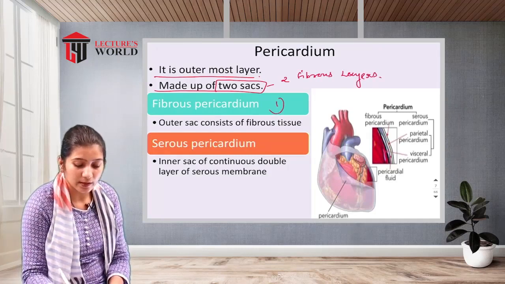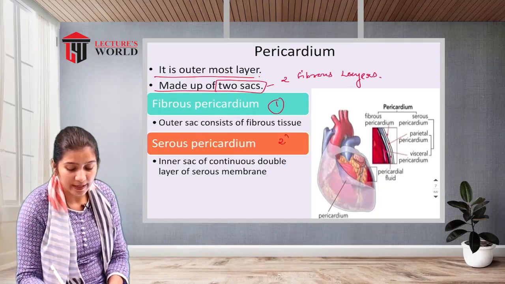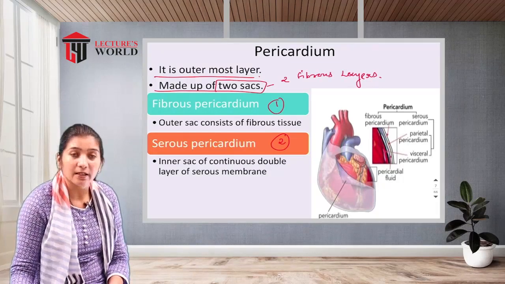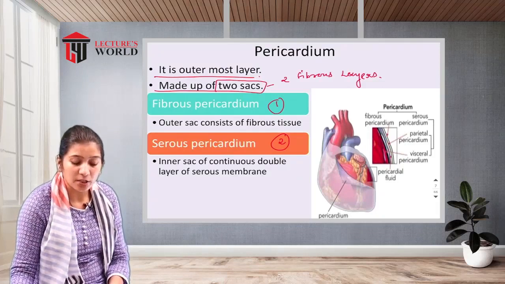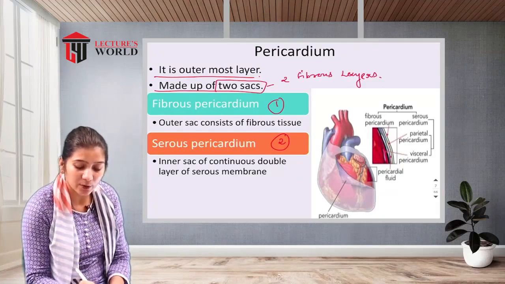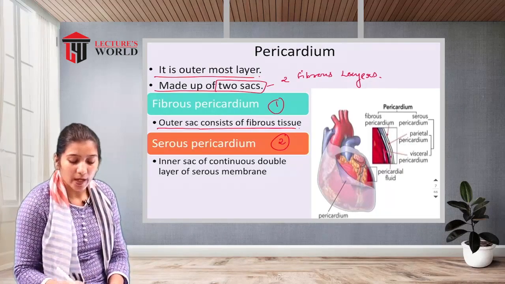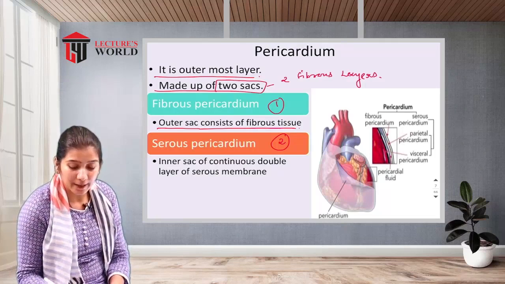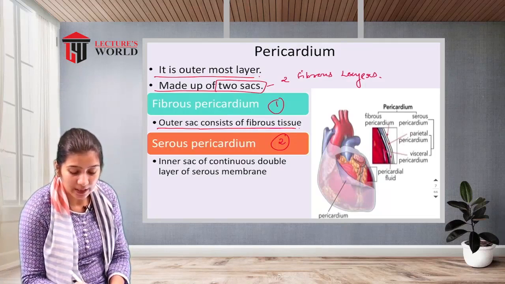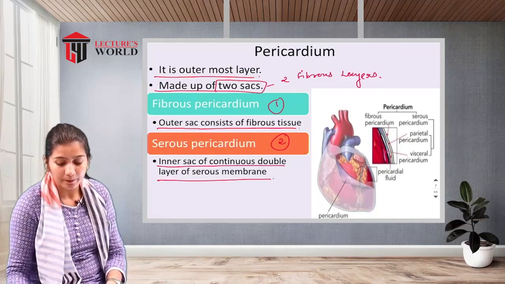The first is known as the fibrous pericardium, and the second one is the serous pericardium. Now what is the fibrous pericardium? Fibrous pericardium is the outer sac consisting of fibrous tissue. And what is the serous pericardium? Serous pericardium is the inner sac of continuous double layer of the serous membrane.